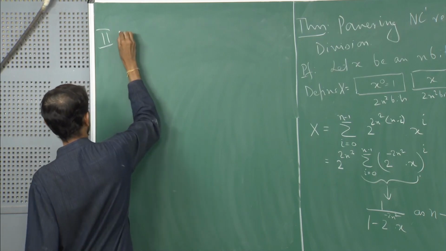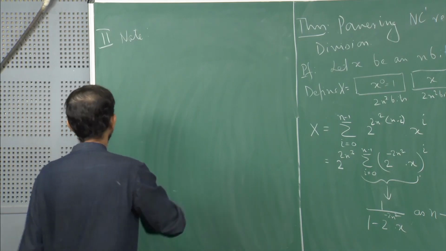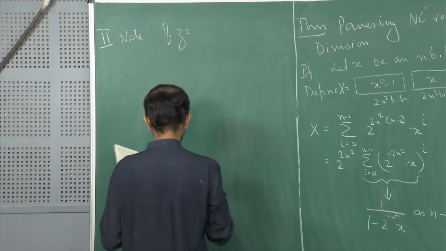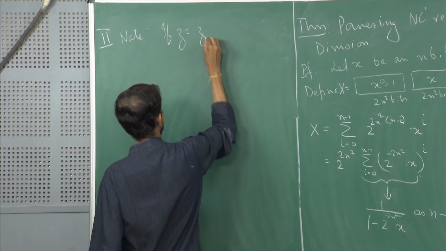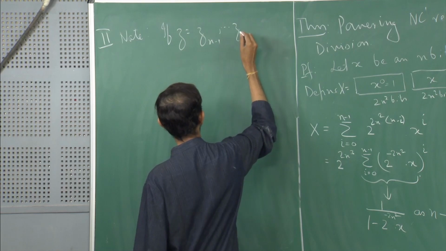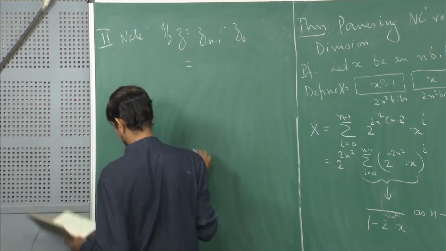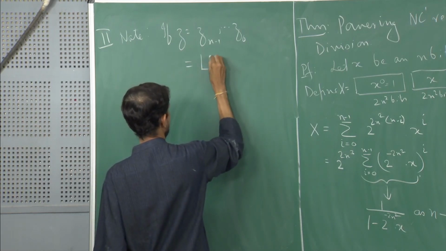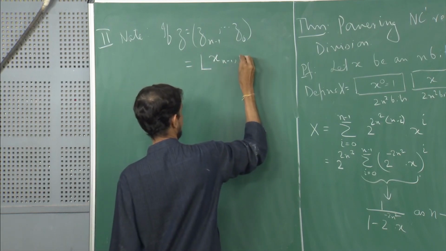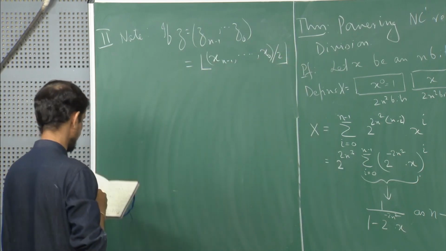Note that if we have, let z equal z_{n-1} up to z_0 be equal to x, the number x_{n-1} up to x_0 divided by m, sorry, by m.